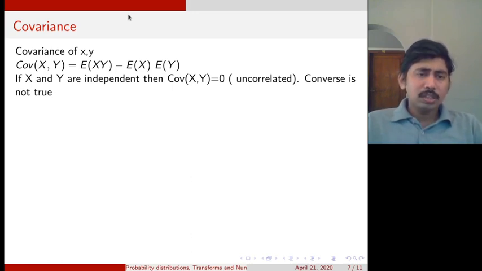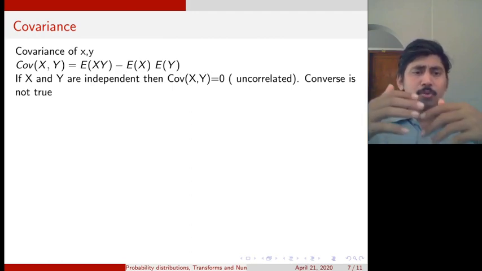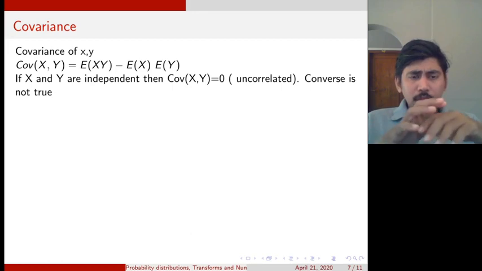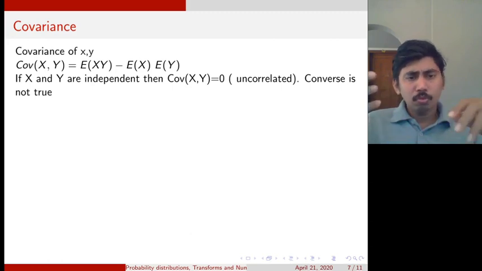Here, the covariance of xy is a measure of how far y is dependent on x.